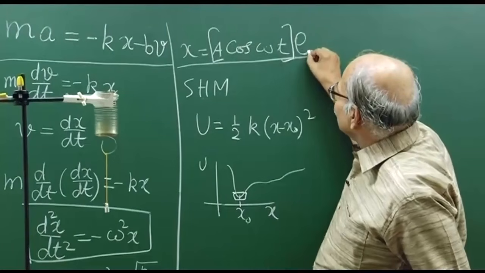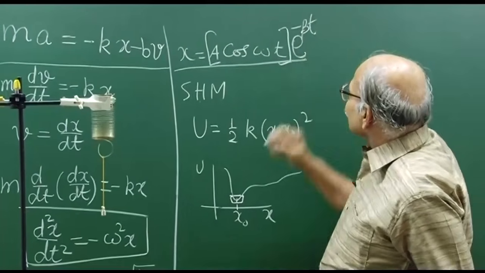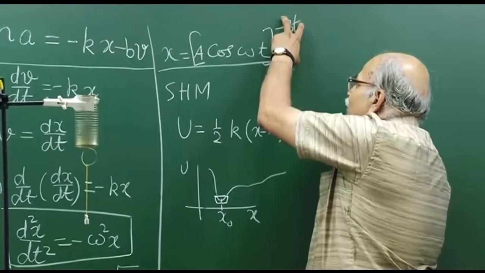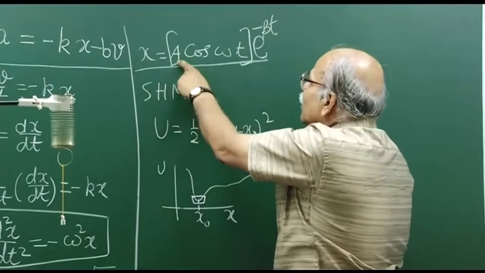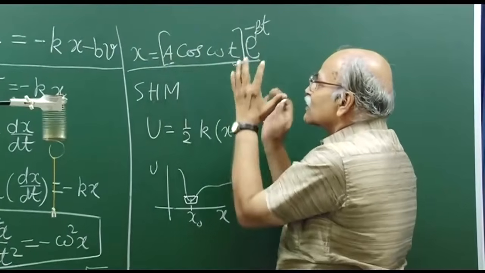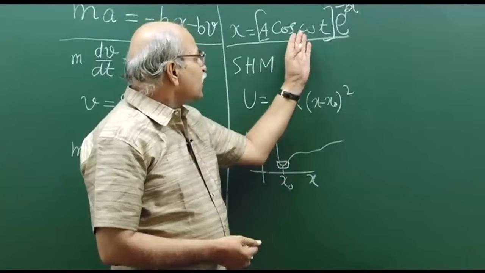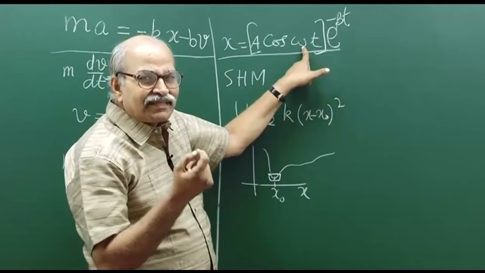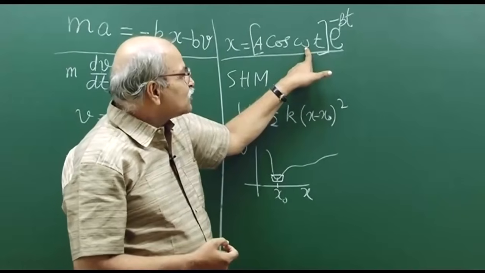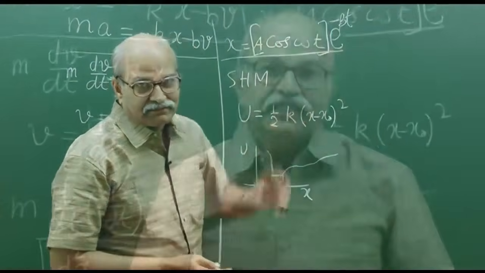Some kind of exponential factor, e to the minus beta t, comes in, and then your amplitude will be continuously decreasing. There is some approximation involved. The frequency will be slightly changed, but for small damping it is almost the same. So we will go by that.